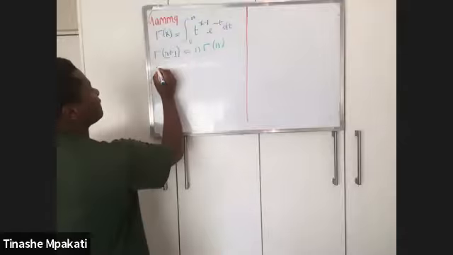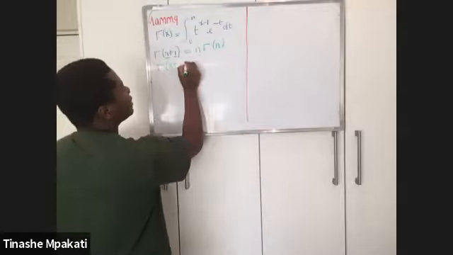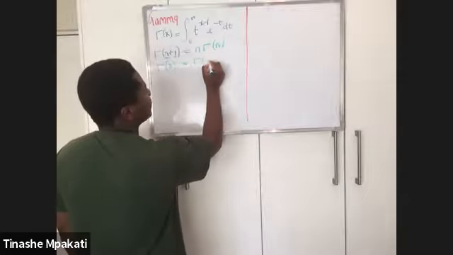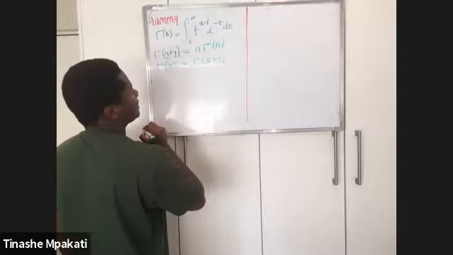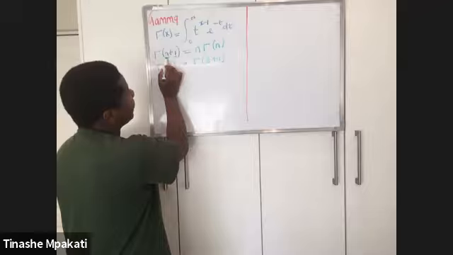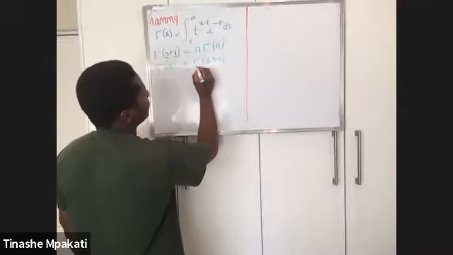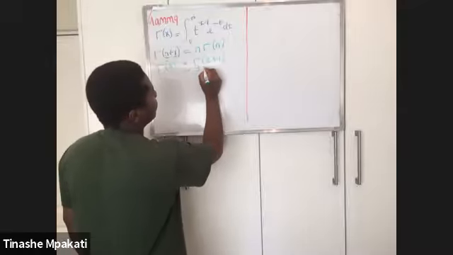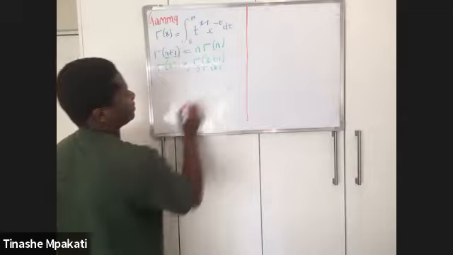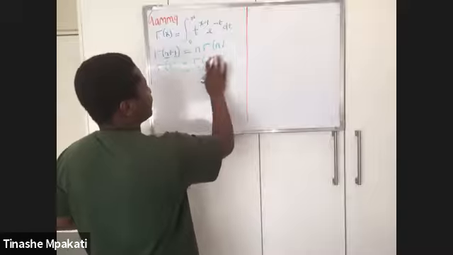This means that if I have gamma of 3, for me to be able to apply this property, I need to write this as gamma of 2 plus 1, and the same way that I had n plus 1 there, I would take my n out. In this case it's my 2. So again, the reason I did this here, oh, sorry, my bad.